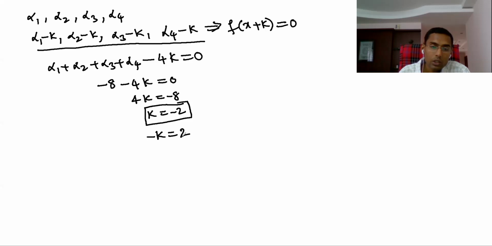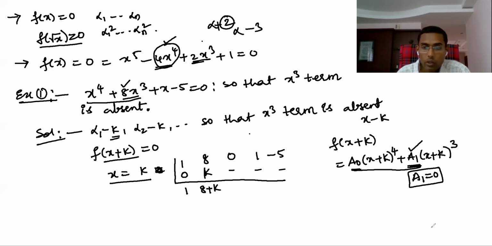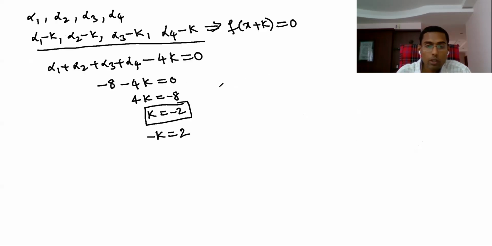So the answer is 2. Each root should be subtracted by 2. Now the question is like this. I started with x equal to k. Now the k value I got is minus 2, so I should take k equal to minus 2 and then do it. Simple.